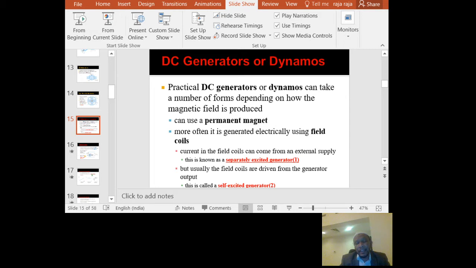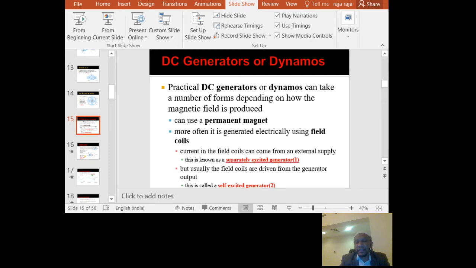The DC generator is classified based on the field coil excitation. There are two types: one is the DC separately excited generator, and the other is the self-excited generator. Excitation means for inducing. An external supply is needed to give the excitation for separately excited generators.